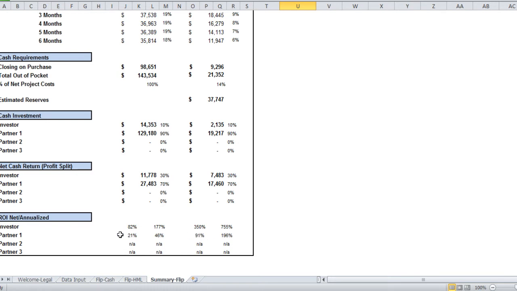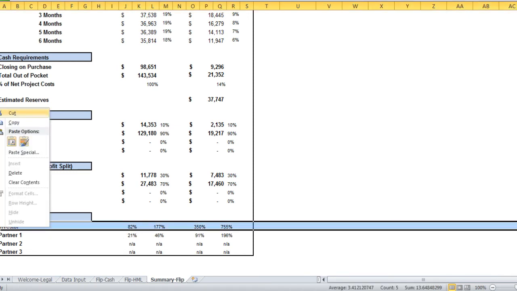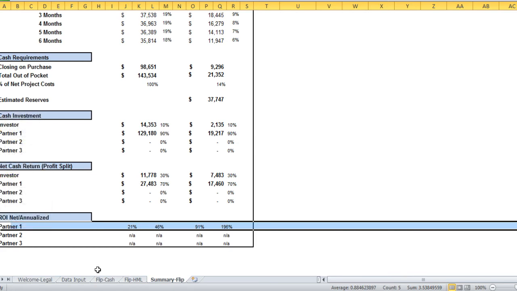Now one thing that we have done here is that if you want to hide your own ROI and just show your partners, you can go in here and you can delete this and just show your ROI for your partners, because again, when you're evaluating the investor, you have time invested in this that kind of skews your ROI, at least in our opinion, when you're doing these kind of deals. And so you might want to take that out and just show your partners what their ROI would be in the event that they participated.